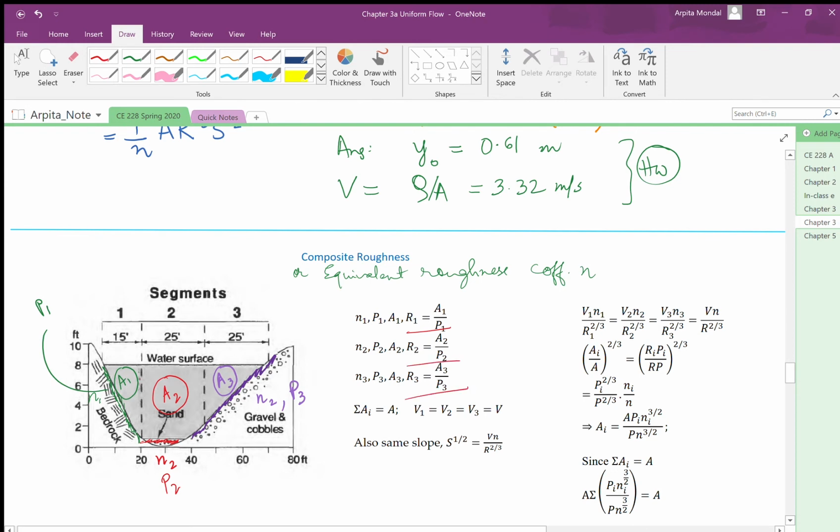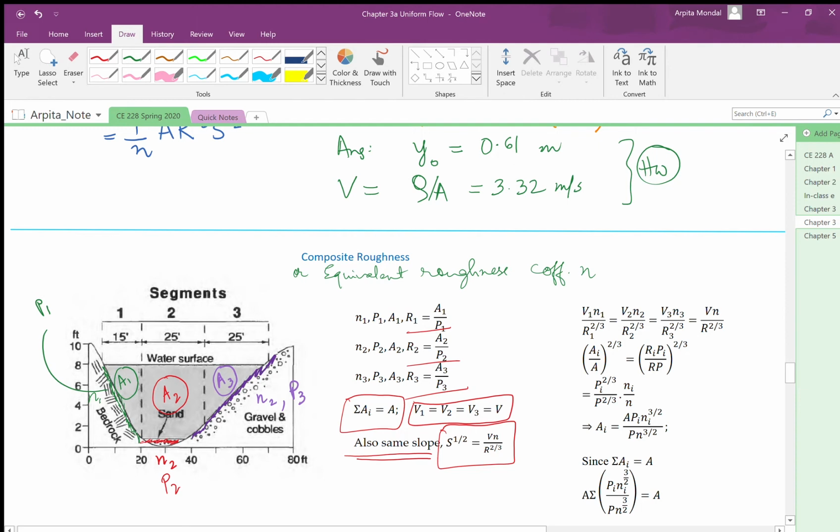And we know that if we add the areas, we get the total area of the channel, which is A, and we are interested in the one-dimensional velocity along the channel, which we have denoted by V. Therefore, velocity at each of these sections, V1, V2 and V3, are equal, and we write that to be equal to the average velocity V. Also, at a given cross section, the longitudinal slope of the channel does not change, and therefore the slope is also the same in each of these three sections, which we can write from Manning's equation in terms of the equivalent roughness coefficient N.